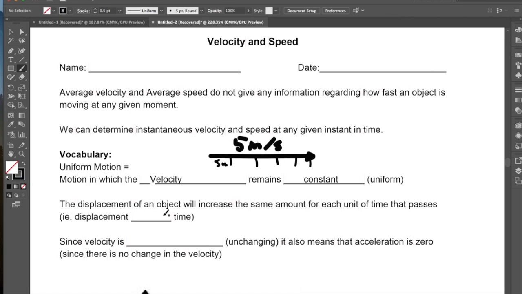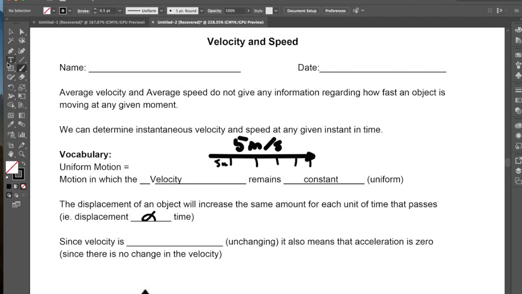So in constant velocity or uniform motion, the displacement is proportional to time. As time increases, the displacement will increase by the same amount. It's not exponential, it's going to be linear.